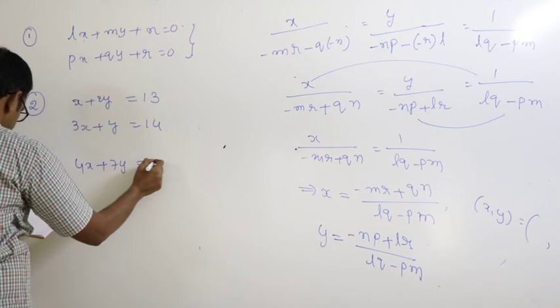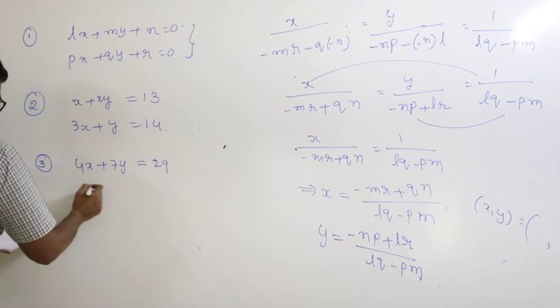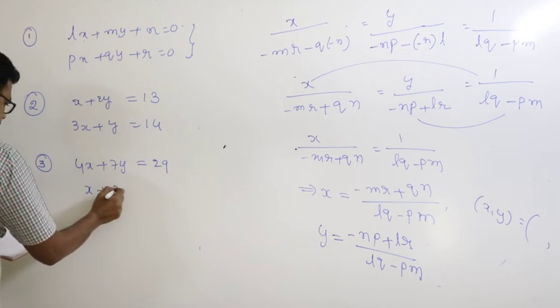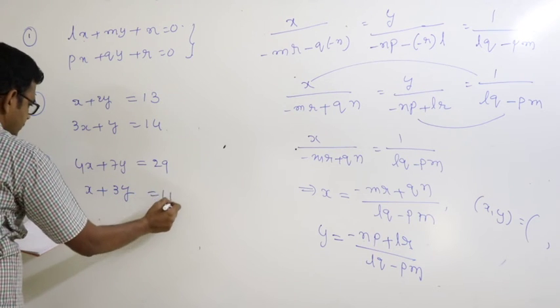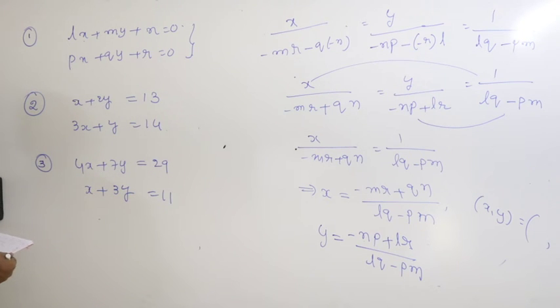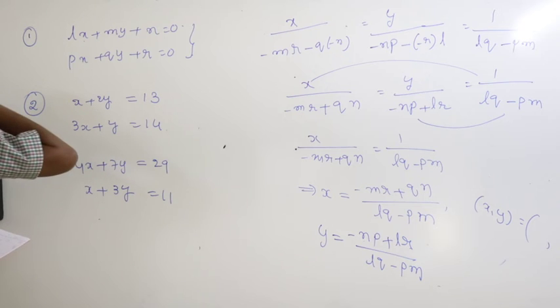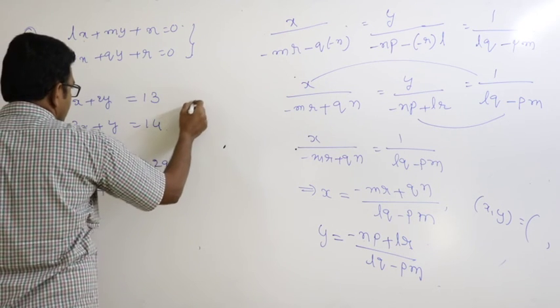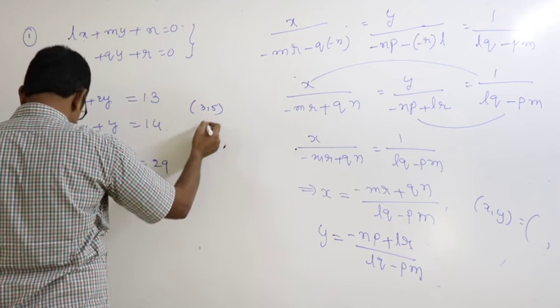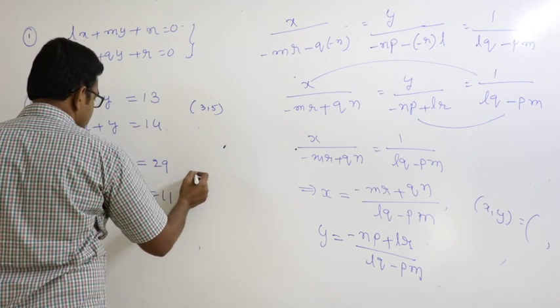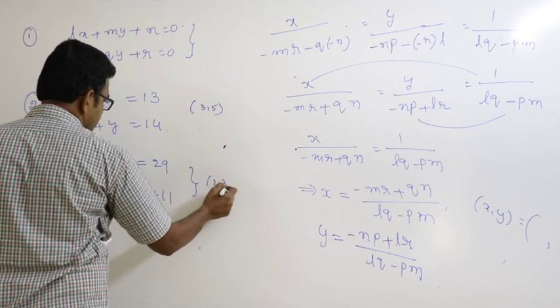Four x plus 7y equal to 29. X plus 3y equal to 11. For this, the answer is 3, 5. This is 2, 3.